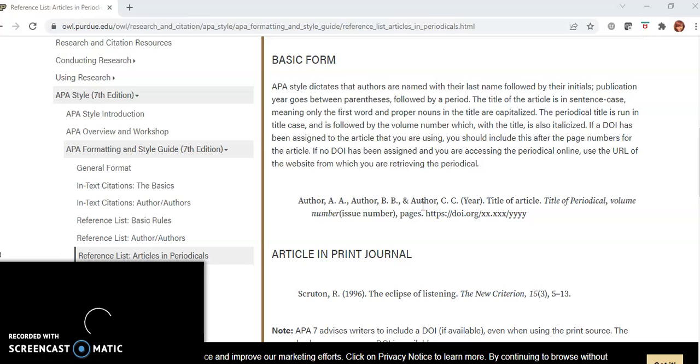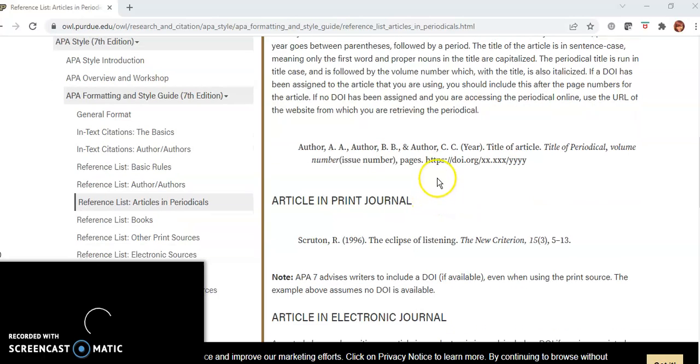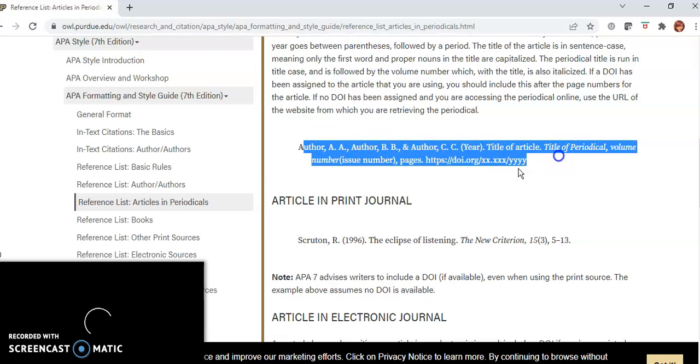For the journal entry, a journal is a form of a periodical. Periodicals are magazines, journals, newspapers. So a journal entry will look like this. Right here would be the final look of a specific journal entry, and right here is almost like a template of what to include.